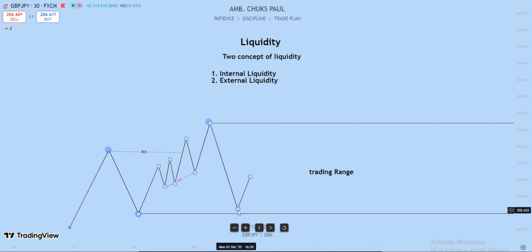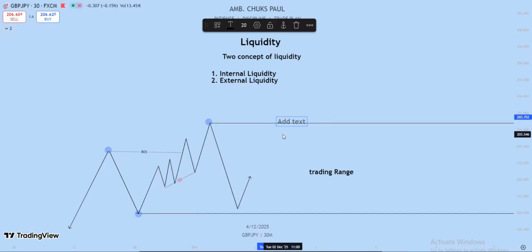We are targeting to trade between this low and this high. So whatever we are doing is just within this range. And then this high here is our external liquidity, and the low here is also our external liquidity.